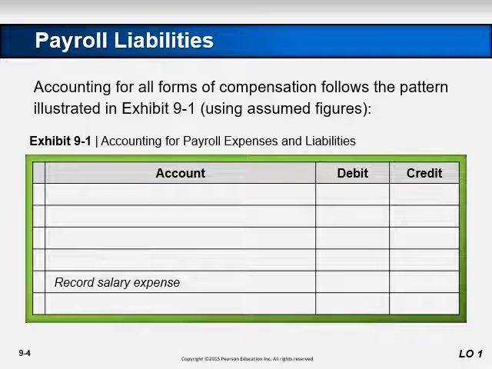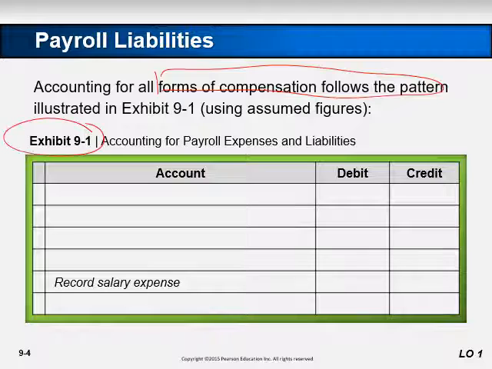The treatment of this we already studied, but we have an example here. Accounting for all forms of compensation follows a pattern, and it's in your book, exhibit 9.1. When the salary occurs, you create a salary expense to salary payable. But salary payable is different from salary expense. If a person's salary is 10,000, you don't pay him exactly 10,000.